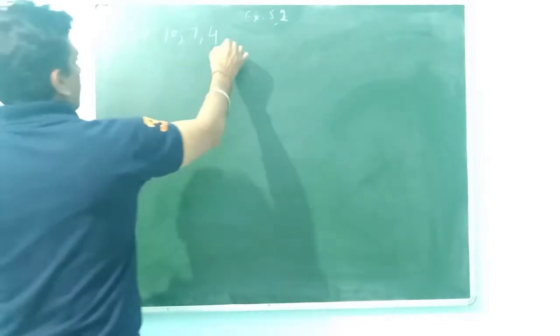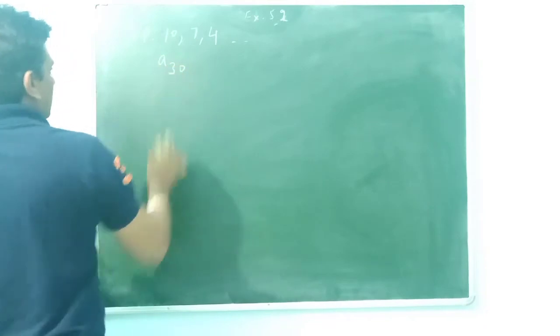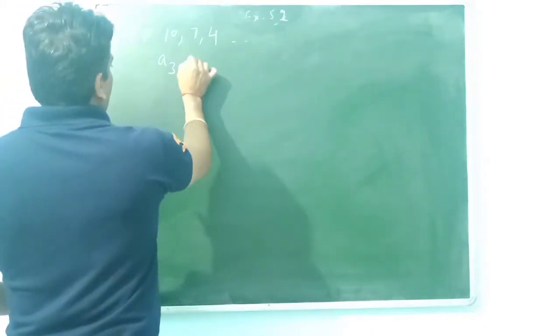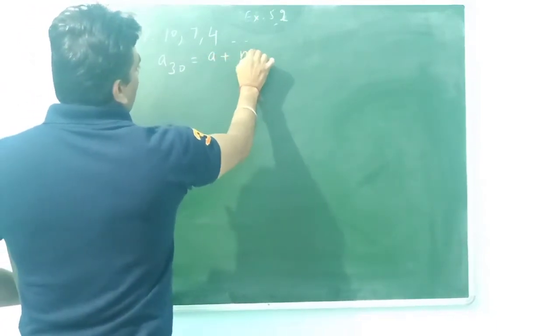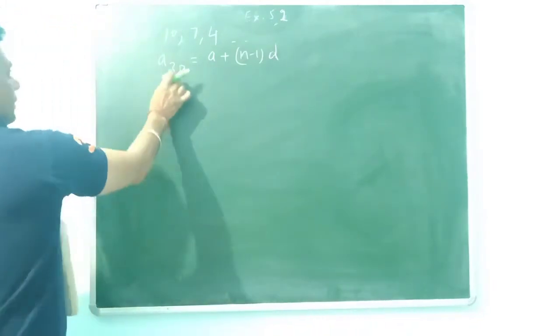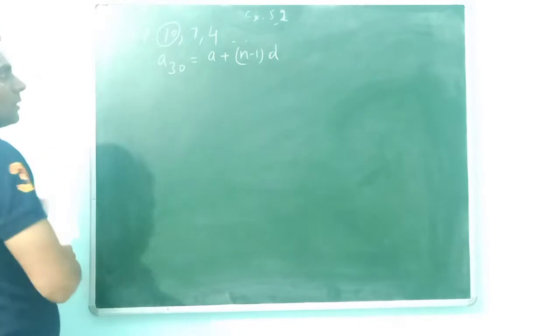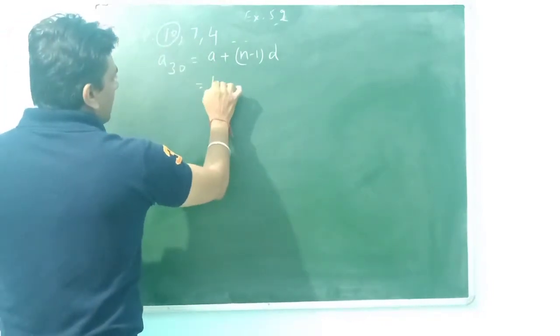We have to find its 30th term, A30. And the formula for this is A plus N minus 1 into D. Here, what is A? A is 10. Put this A here.